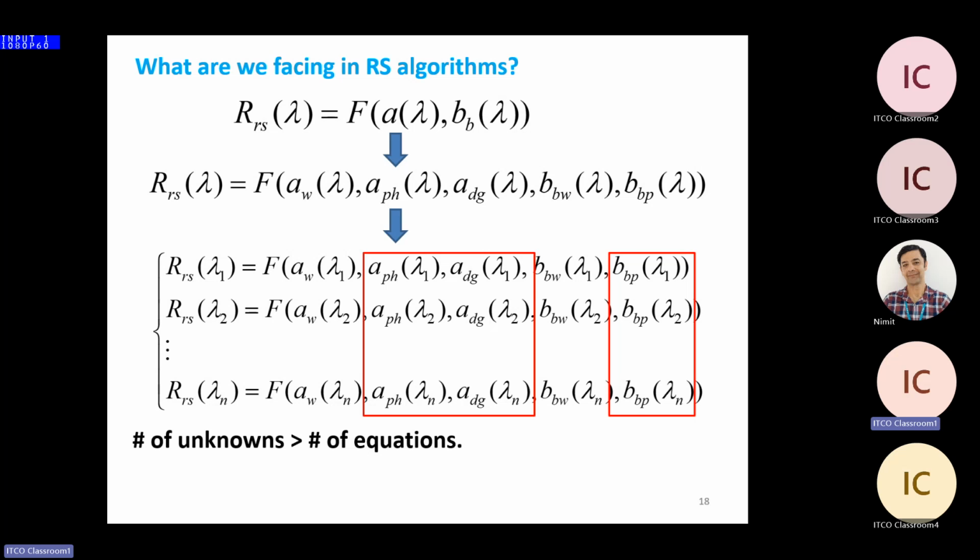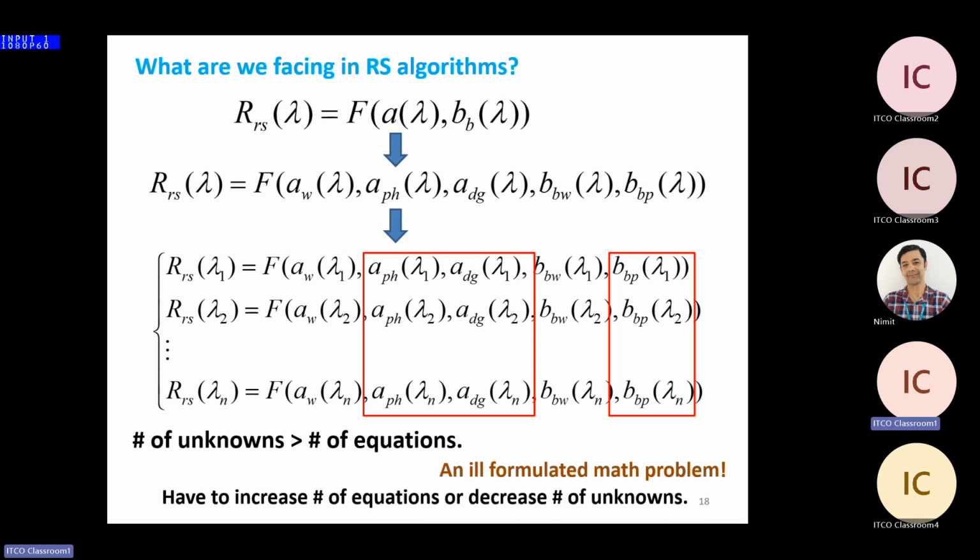No matter whether you have 300 bands or 3 bands, it's the same issue. So that's an ill-formulated math problem. As we learned in high school or college algebra, when there are more unknowns than equations, there will be no unique solution, right? But we are remote sensing people. We do want to get some solution. We're going to get some results.